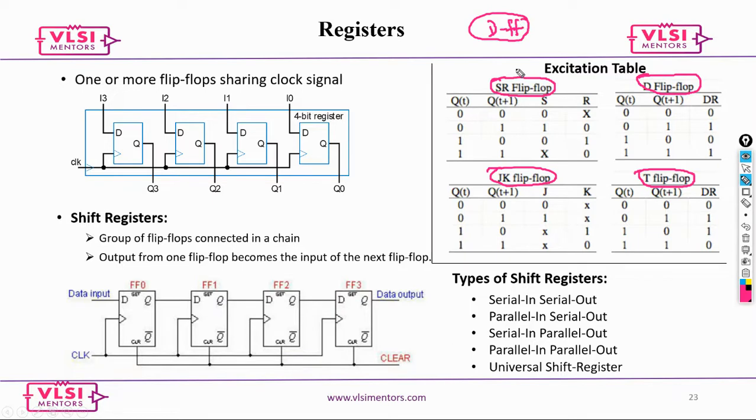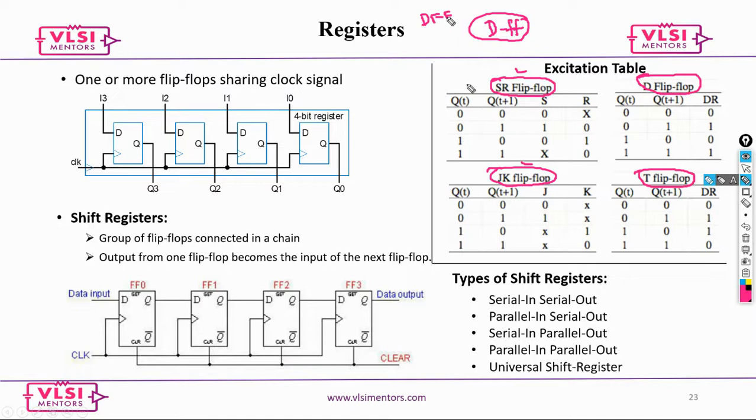We don't use SR, JK, and T and all. In all the projects that I have worked on all these days, we use only DFF. No other flops would be used in the industry.